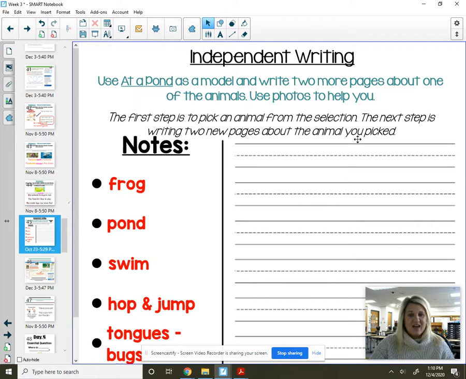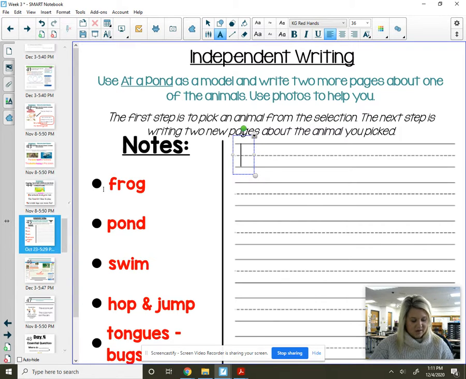Then the next step is writing 2 new pages about the animal you picked. So we are just going to use our notes and we are just going to write. It doesn't need to be 2 full pages, but we want to write as much as we can. We are going to start out our writing with our animal. So you can start out by saying your animal was a frog.